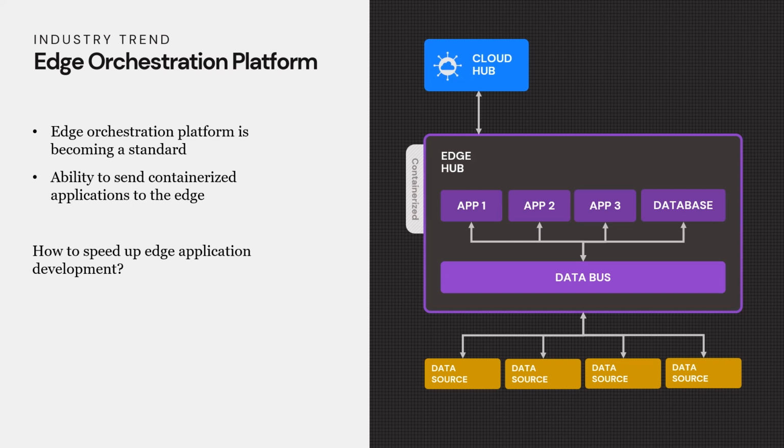And what a lot of companies find is that once they have this orchestration platform, it is still very difficult for their internal business units or their customers to produce edge applications, which is where the business value is, right? So the natural question that companies ask is, how are we able to build edge applications faster?